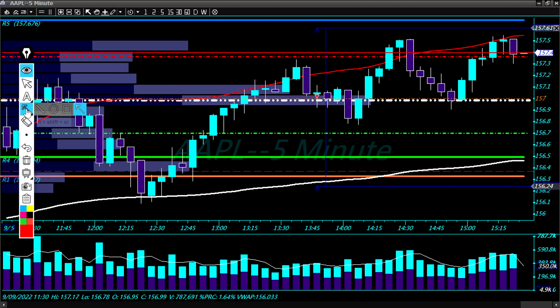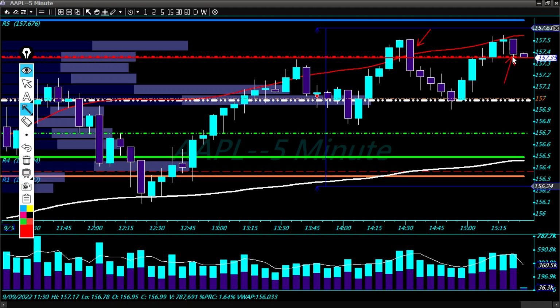Alright, so not quite the same kind of response here. Had some buying off of this candle right here, and in the last few seconds of the candle, so we just bought back up. Maybe this is gonna be the sell-off right here.